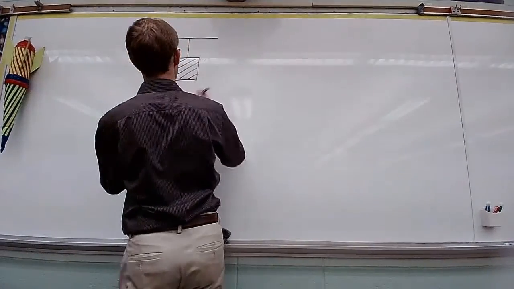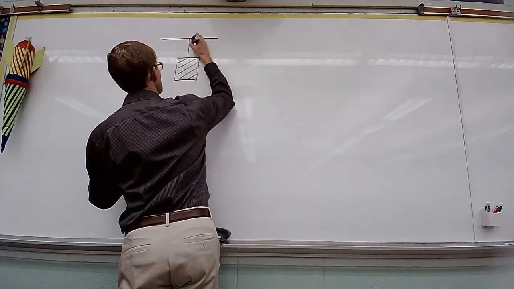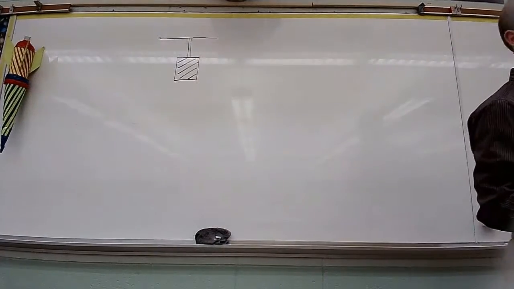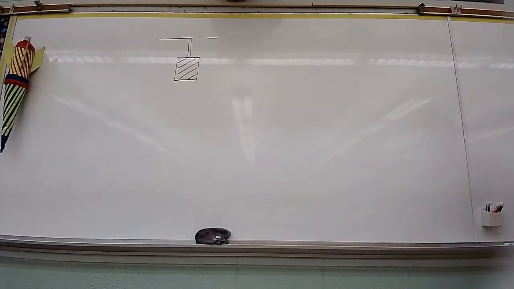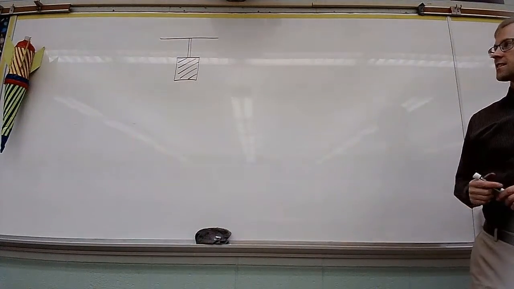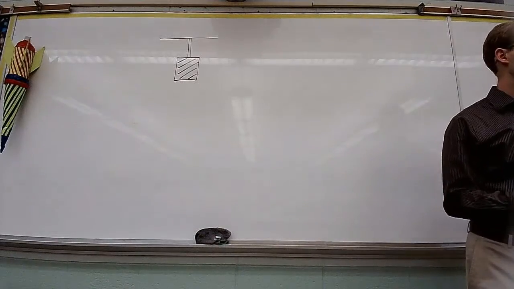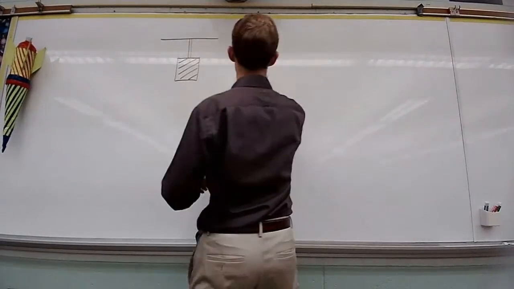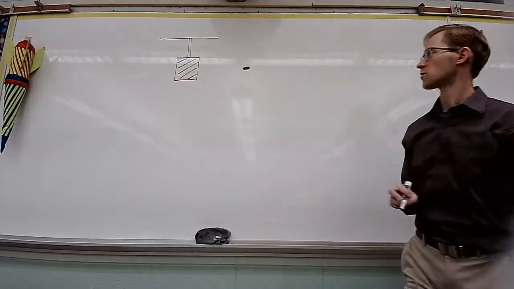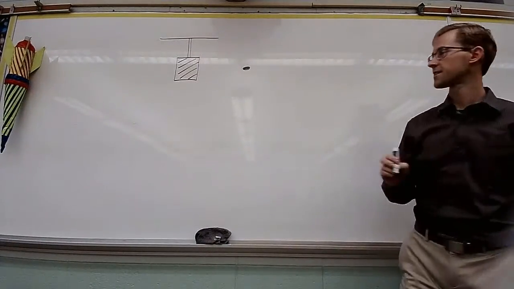Example number 2. We add a string. We've got to see how this changes for us. So if I've got two strings now, and I want to create my force diagram, I'm going to make my dot a little bit bigger so I can have two forces going up.